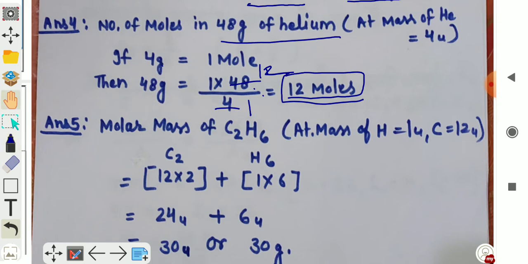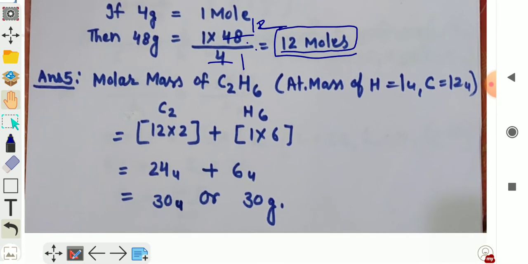Question number 5. In question number 5, you have to find the molar mass of C2H2. So you will find out the molecular mass of C2H2. How will you find out the molecular mass? By adding the mass of carbon and hydrogen. 6 atoms of hydrogen and 2 atoms of carbon. So atomic mass of hydrogen is 1 U and carbon is 12 U. So how many atoms are there? 2. 12 multiplied by 2.